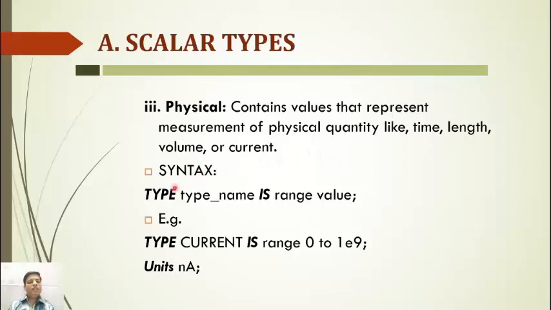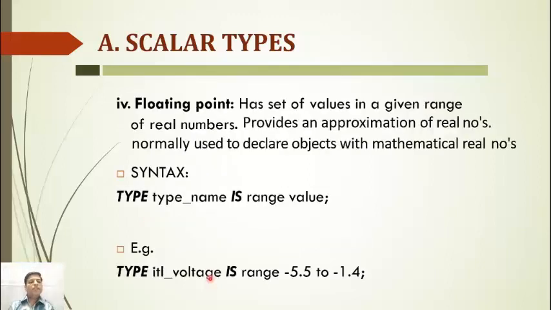Syntax for that: type type_name is range values. Example, type current is range 0 to 1e9, units nanoampere. So it is one of the physical quantities we can define in the above manner. Then fourth, floating point.